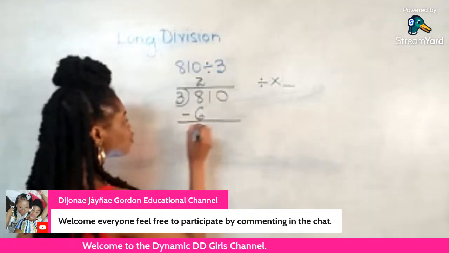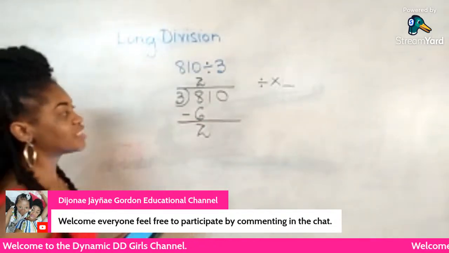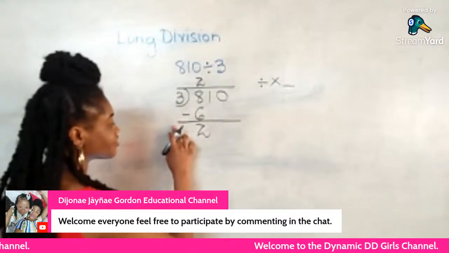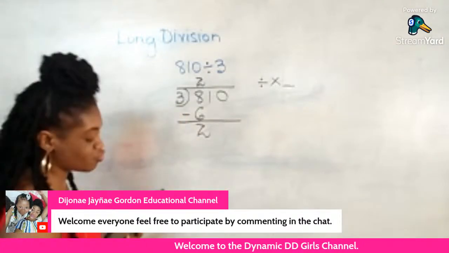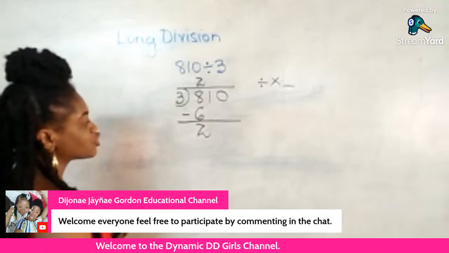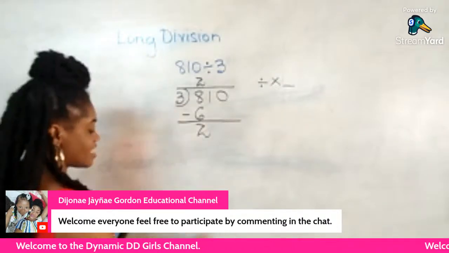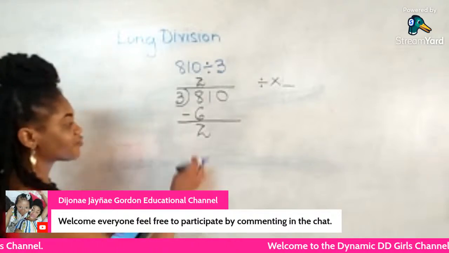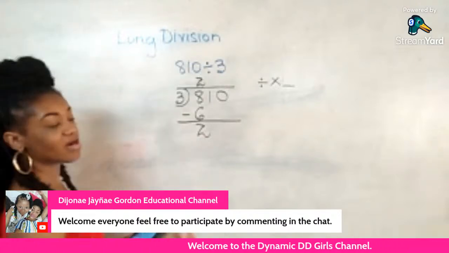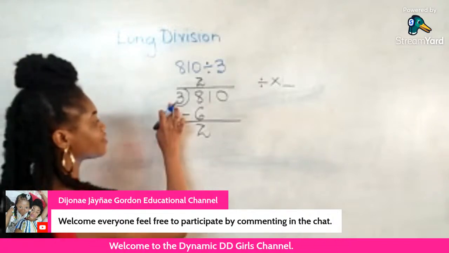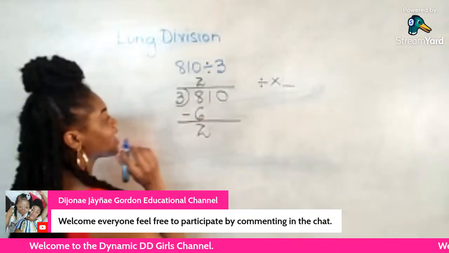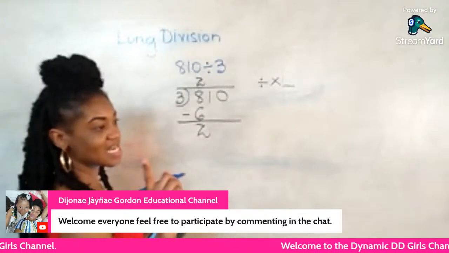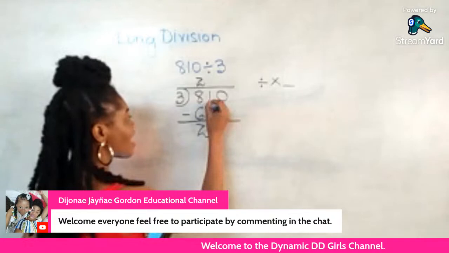All right? Then you are going to ask yourself, how many groups of 3 can you get from 2? All right. 2 is smaller than 3. So in this case, we can't get a group of 3 from 2. And because we can't get a group of 3 from 2, we are going to carry down the next digit in line. All right, so we have 1 next.